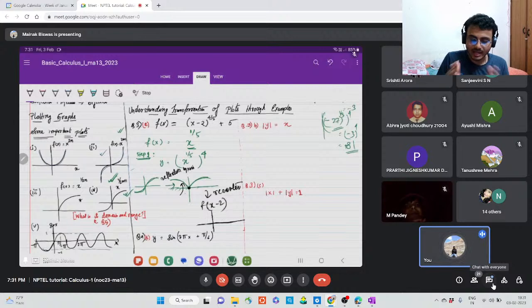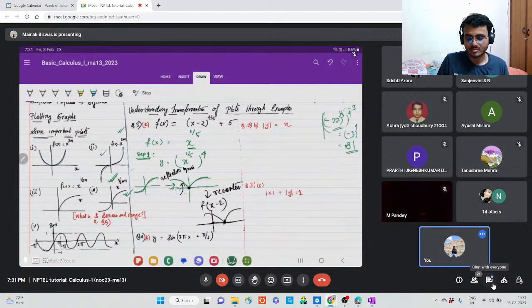Correct. So whenever you have f of x minus something or f of x plus something, your center gets recentered. That's all. There's nothing to it. So you have recentering here when x minus something happens. Similarly, if you have y minus something, your y coordinate would be recentered. So this will be something like this.